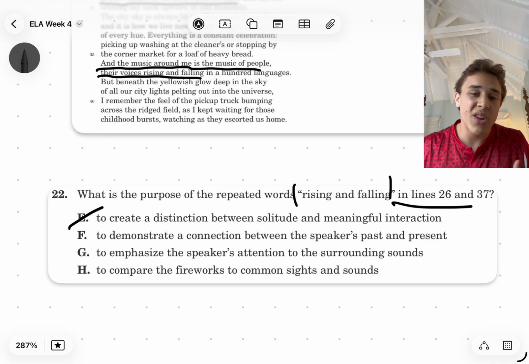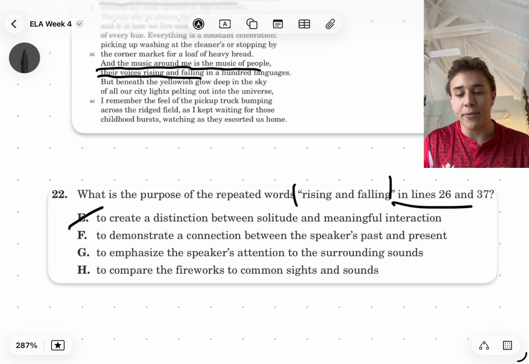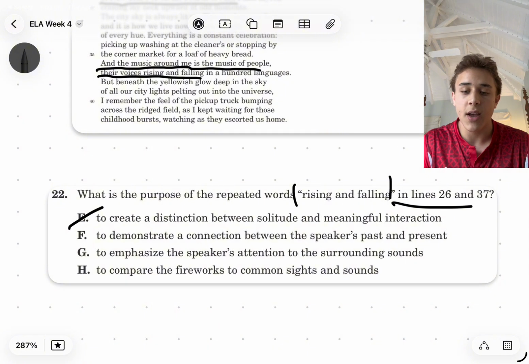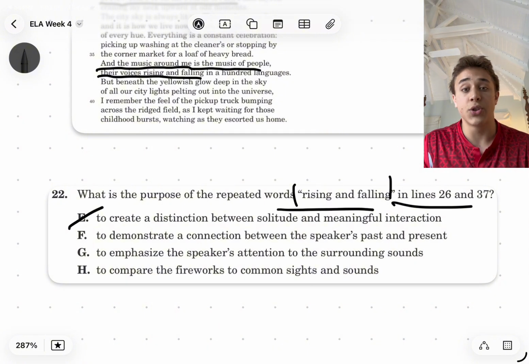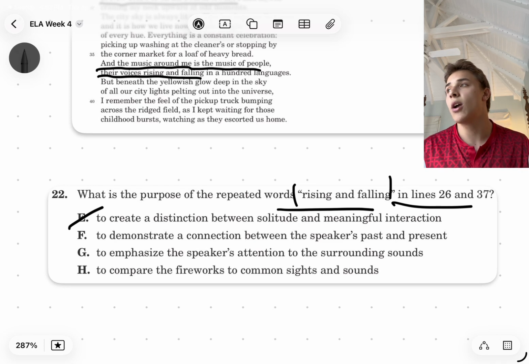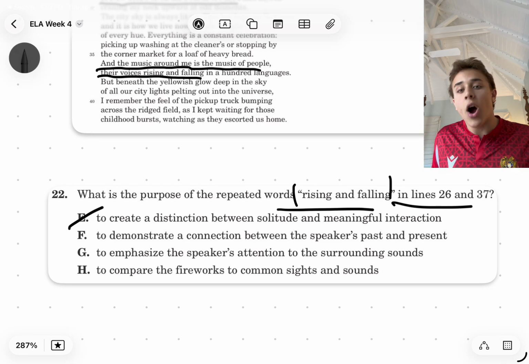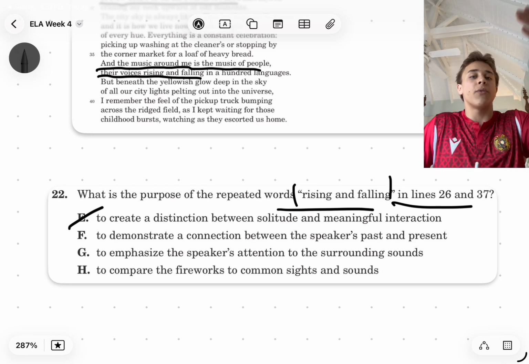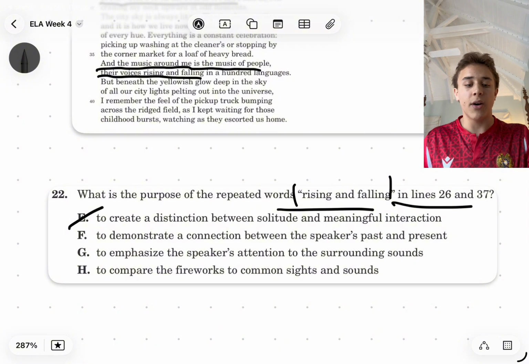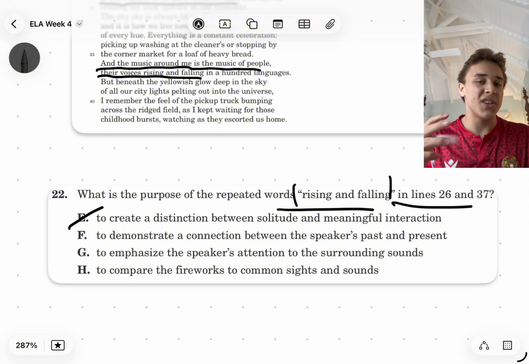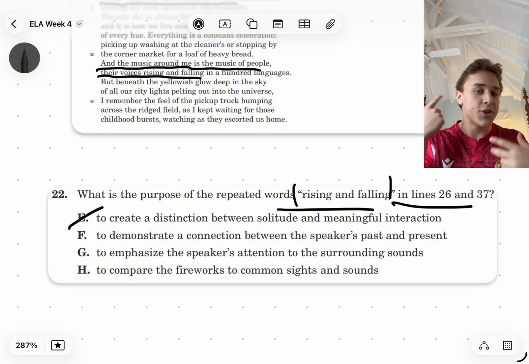G, although maybe it shows that the author paid attention to the surrounding sounds, that's not really what the repeat of the words rising and falling does. The author could have just as easily not repeated, and we know that this is some sort of poetic device used by the author, and it's not merely to just say that the reader's paying attention to their surroundings.